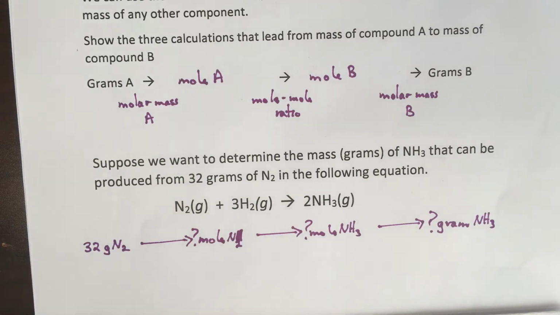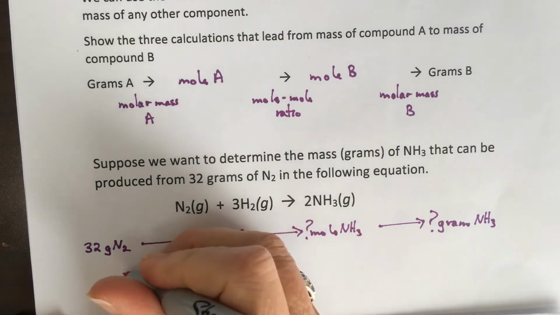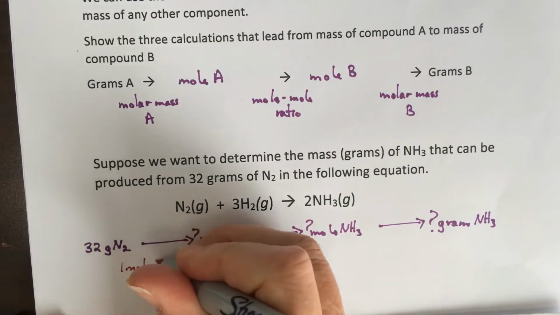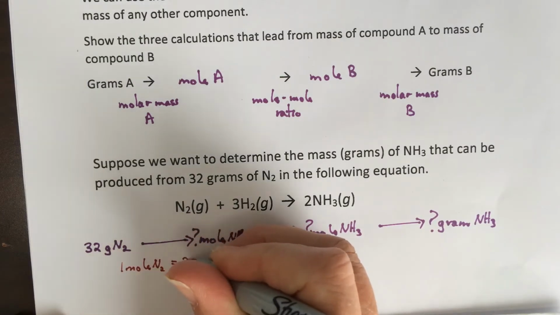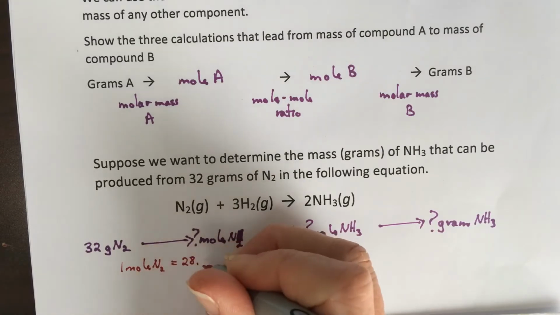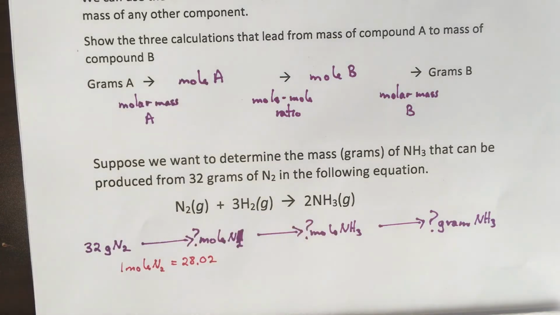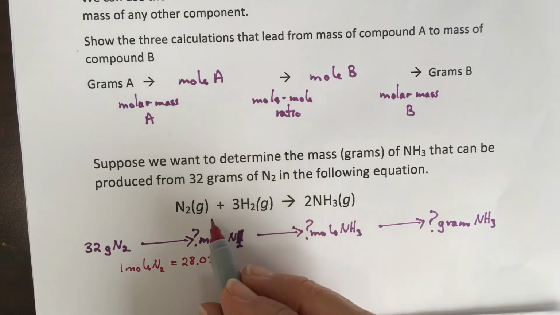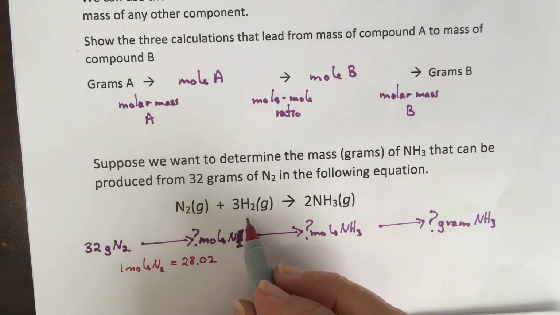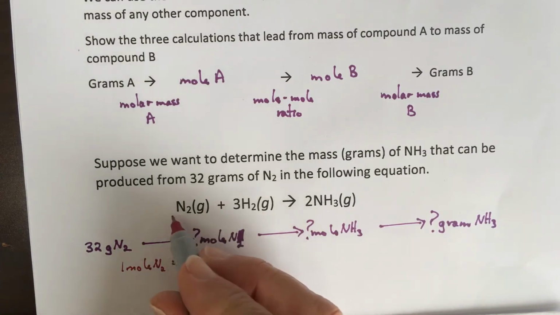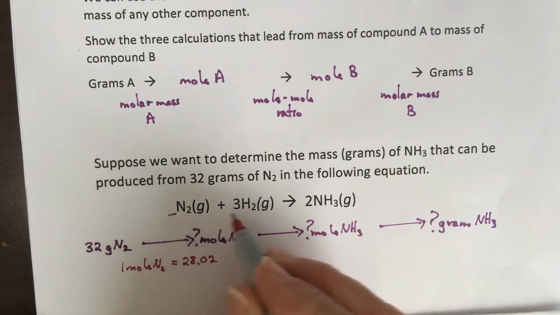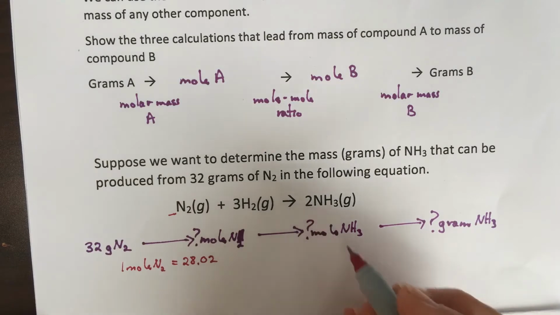Let's write in our conversions. 1 mole of nitrogen gas is going to be 28.02, I think. Okay, we can look up here and see that 1 mole of nitrogen is going to make 2 moles of ammonia.